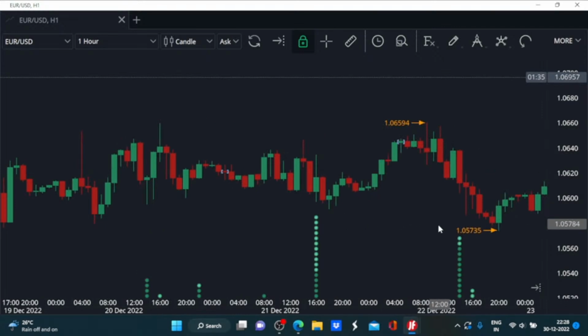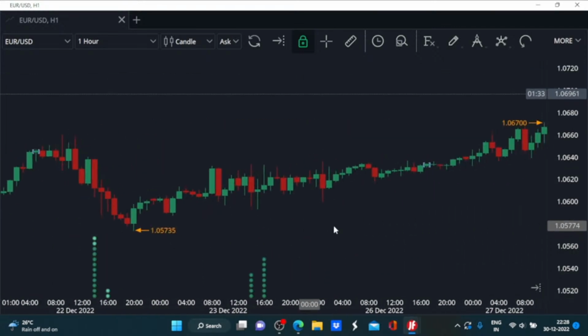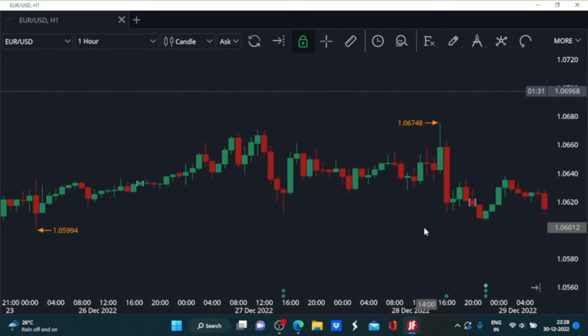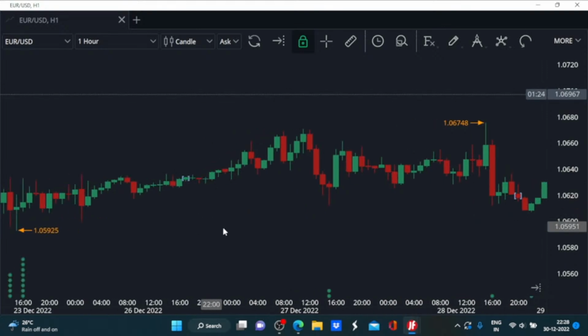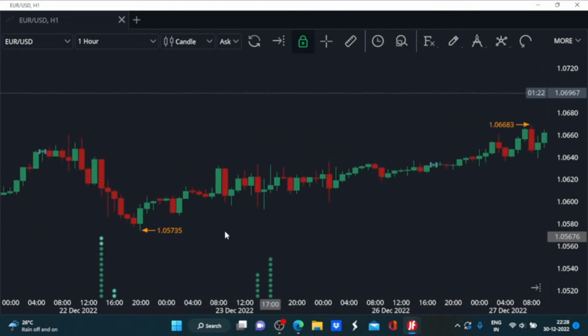But as is the case in these multiple formations, we have seen that at least for the next couple of hours the momentum remains on the side of this formation.